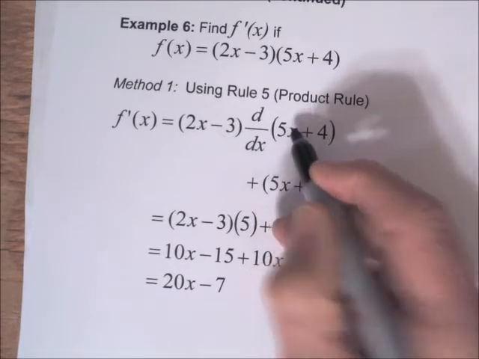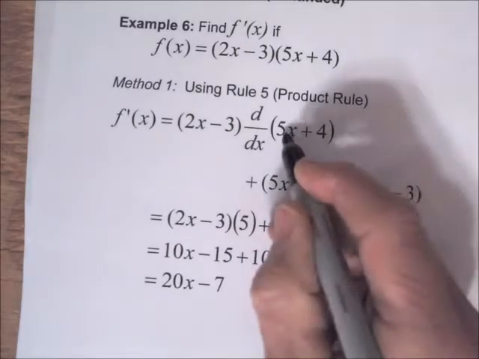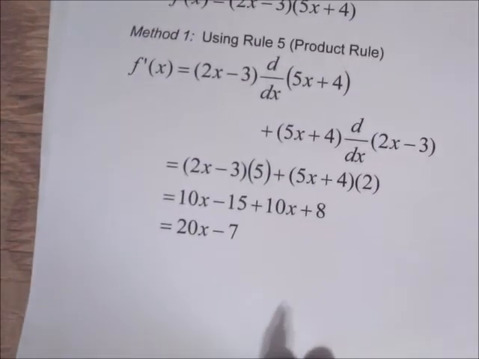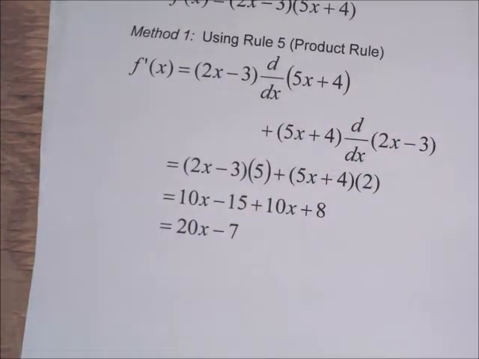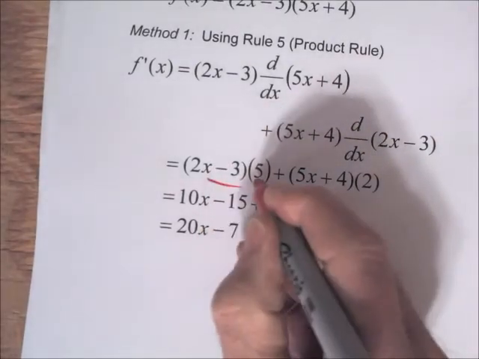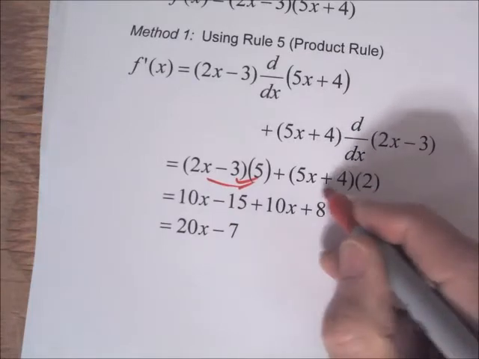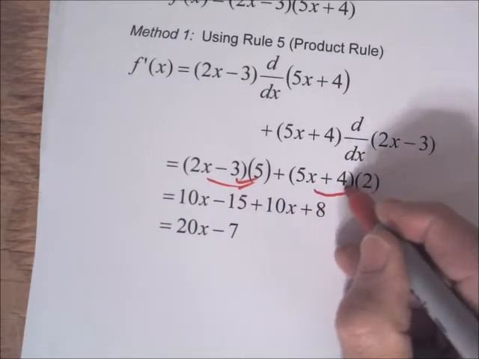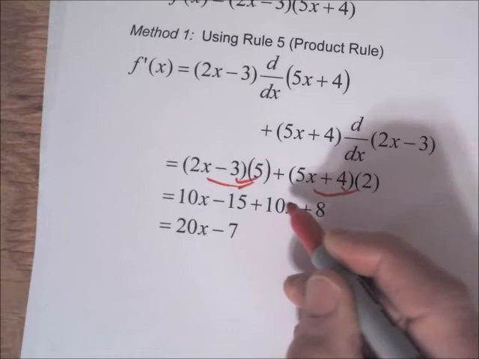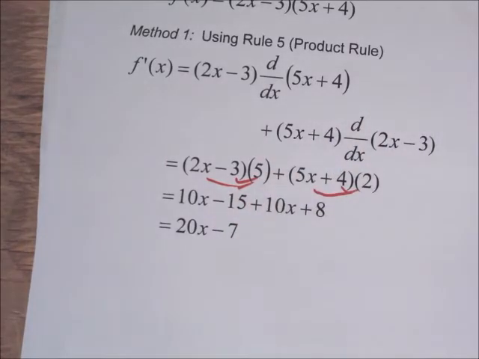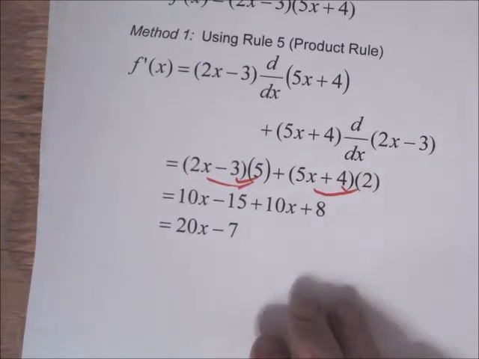So the derivative of 5x plus 4 is 5, and the derivative of 2x minus 3 is 2. Then distribute the 5 and distribute the 2. 5 times 2x is 10x, 5 times 3 is 15, 2 times 5x is 10x, 2 times 4 is 8. Combining like terms, 10x plus 10x is 20x, and minus 15 plus 8 is negative 7. So that's using the product rule.